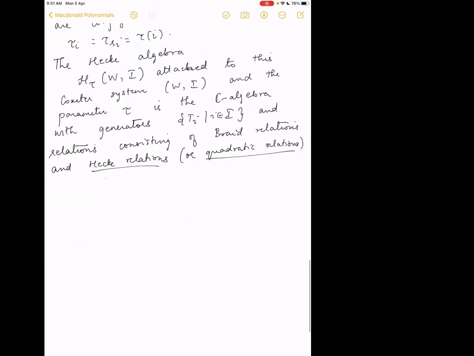So this is (T_i minus tau_i)(T_i plus tau_i inverse) equals 0 for all i in I.